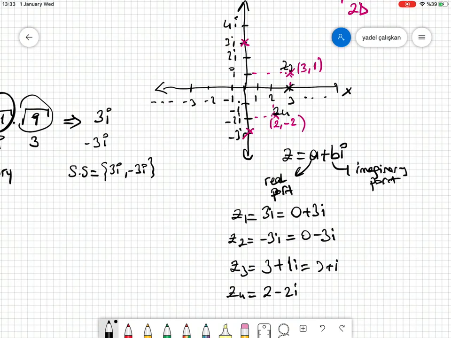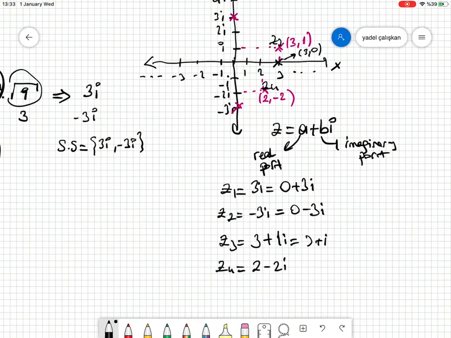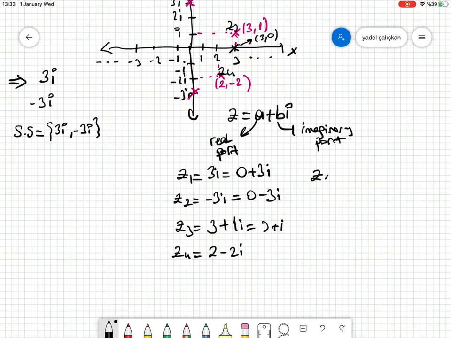Of course, you can say, for example, this is a number on the coordinate plane, the ordered pair (3, 0). Then z5 is 3 plus 0 times i, that is (3, 0).